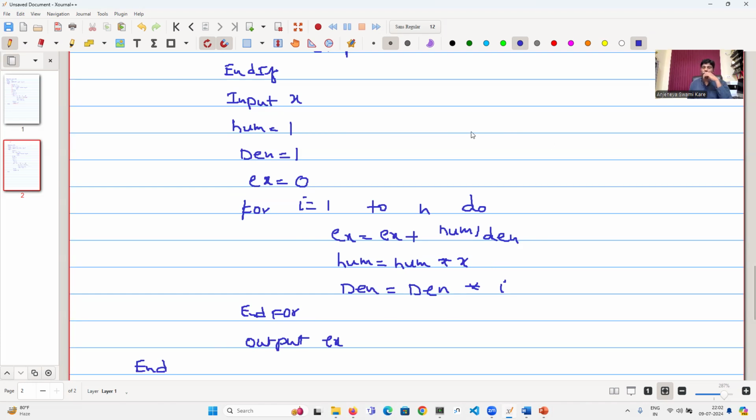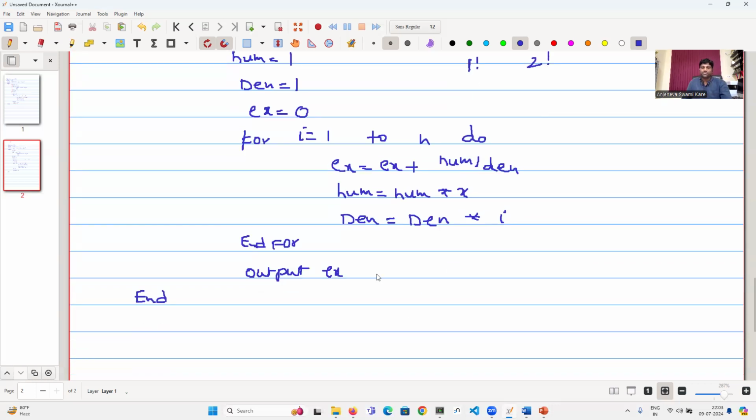So 0 factorial, 1 factorial. From 1 to 1 factorial, you multiply with 1, right? So that is why i. From 1 factorial to 2 factorial, you need to multiply with 2. So when i equals 2, just multiply with 2. So just multiplying the previous denominator by i, you will get the current denominator. Okay, the simplest solution.